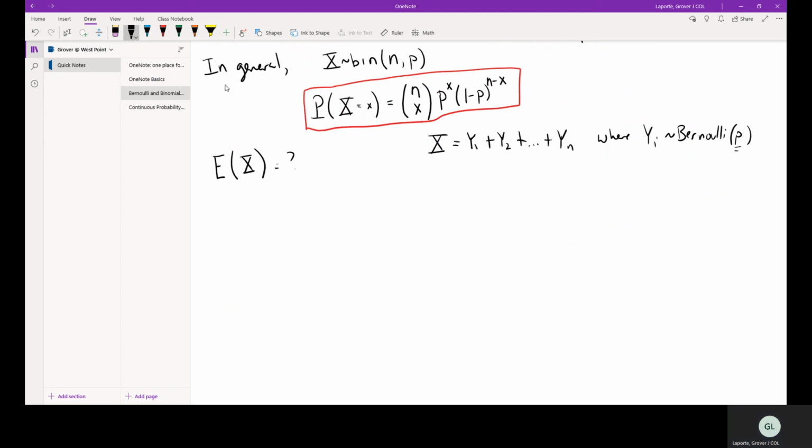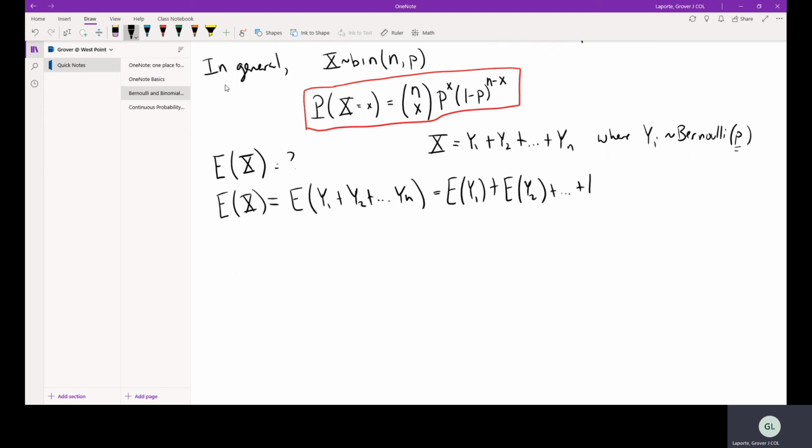So if I'm trying to find the expected value of X, and we remember this part, well then last class we learned that I can just take my expected value of Y1 plus Y2 plus Yn, and we can just use the linear operator on each one of these, so I can find the expected value of Y1, expected value of Y2, all the way to Yn.